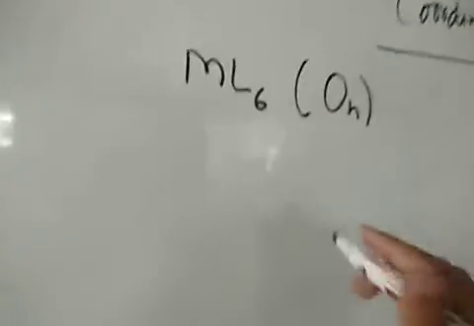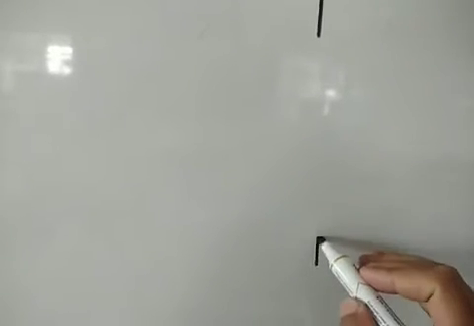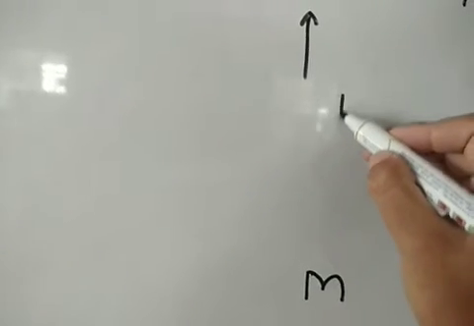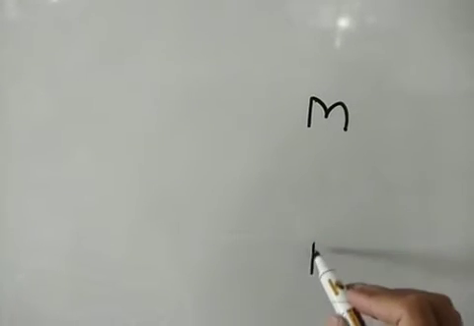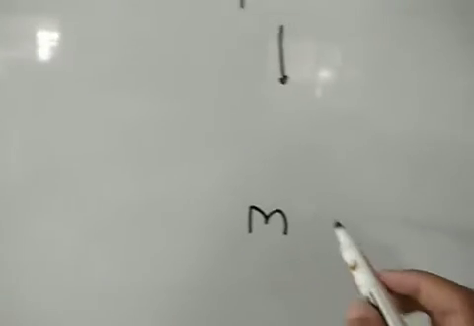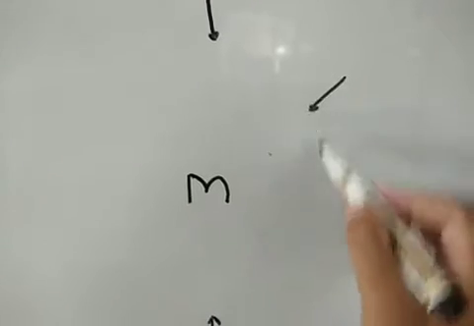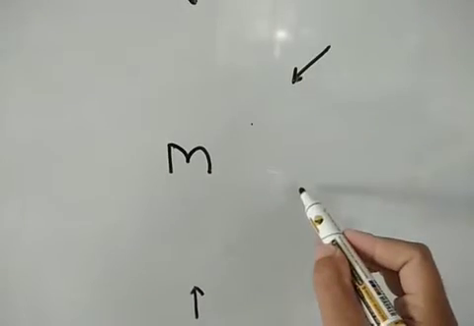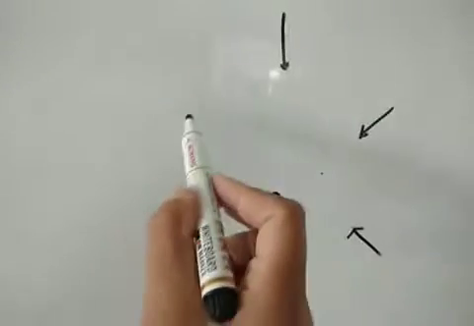Now, as per crystal field theory, how is this 6 coordinate complex formed? We have a metal ion at the center. 6 ligands are approaching from 6 sides of an octahedron. Let's show it like this.